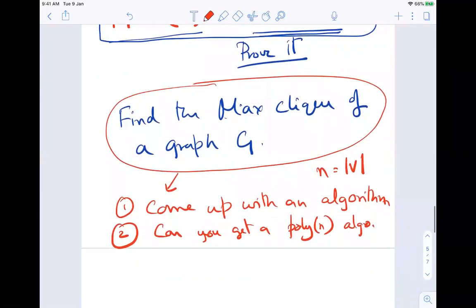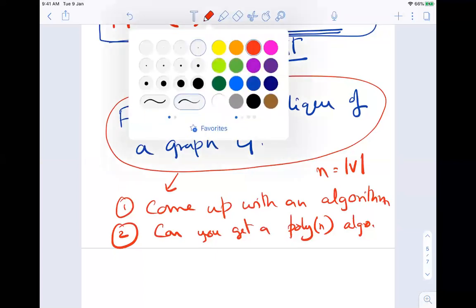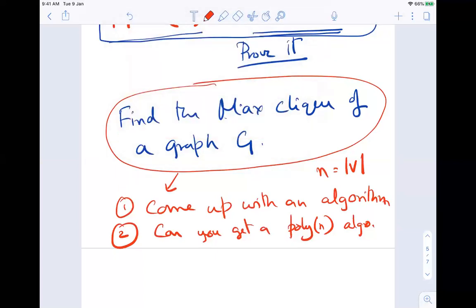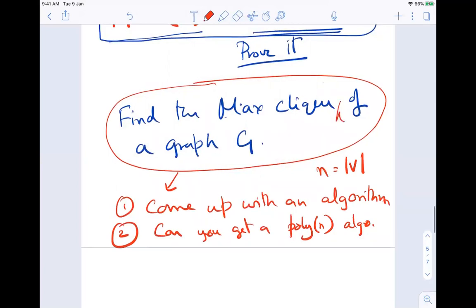It's the largest complete graph. Then what is the meaning of maximum clique? The size of the largest complete graph. That is a number, and that's the clique number. Some places they use it as maximum clique number, some places they use it as max clique.